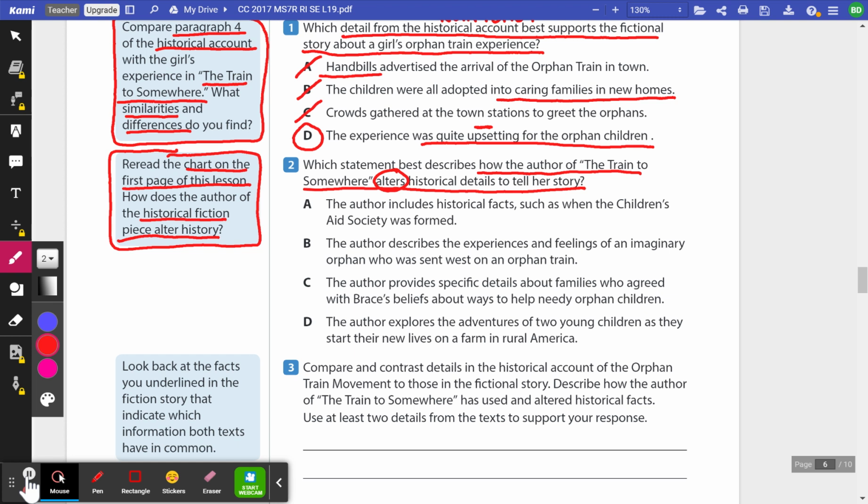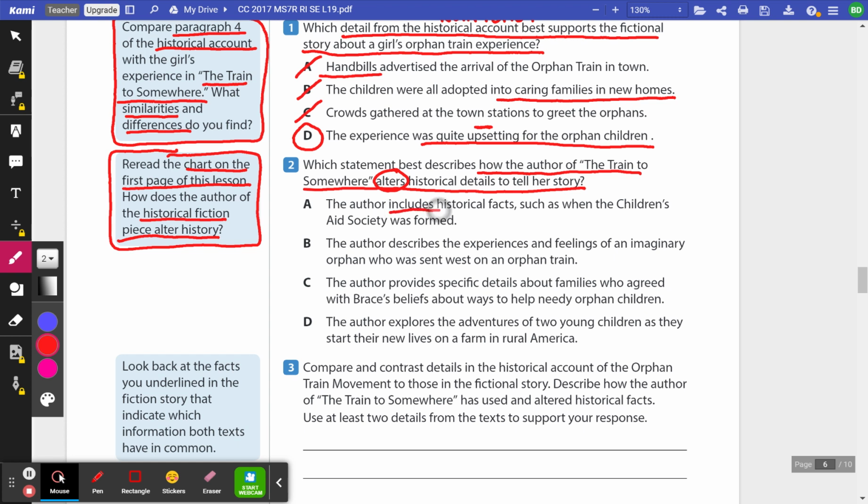All right, guys, so let's go ahead and go over number 2 now that you've answered it. So, once again, we were trying to figure out how the author of The Train to Somewhere alters historical details to tell her story. So, let's look at answer choice A. It says the author includes historical facts, such as when the Children's Aid Society was formed.